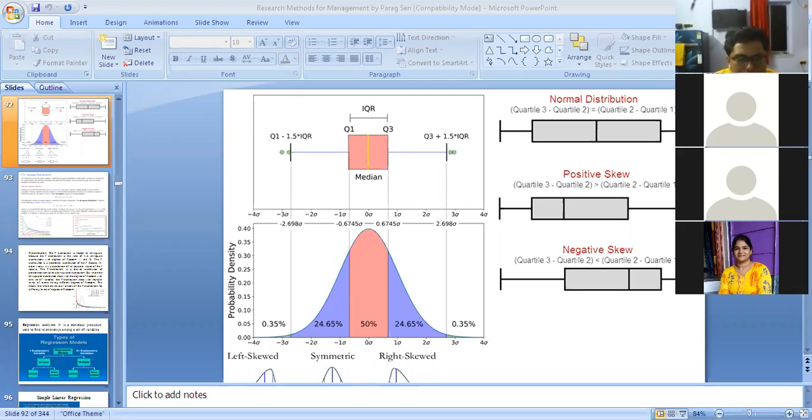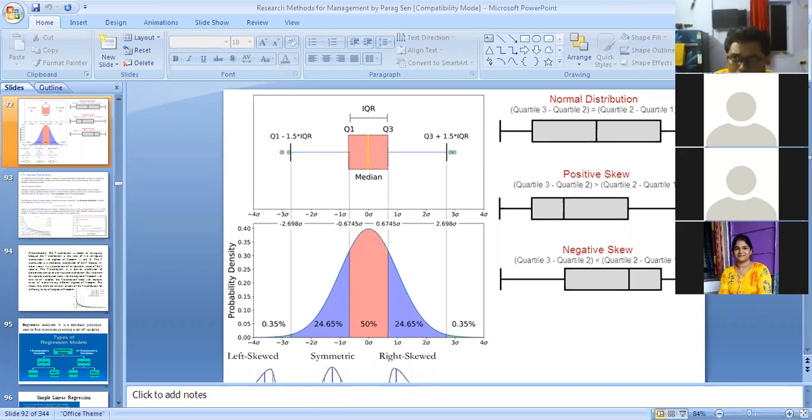Actually, all these things are known as the normality test, how your data is distributed.